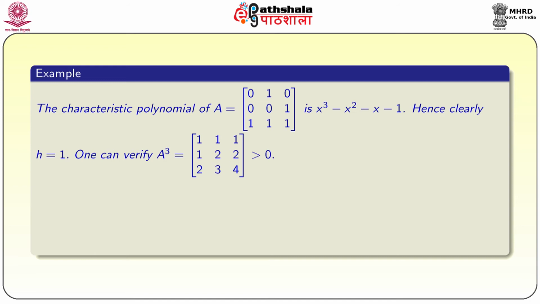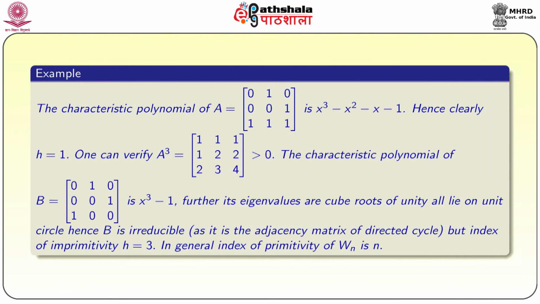Also, one can verify that A cube is equal to 1, 1, 1, 1, 2, 2 and 2, 3, 4. So, every entry here is positive, so that is a positive matrix. So, A cube is greater than 0. Also, one can see that A square is not greater than 0. Because of that, the exponent of this matrix is exactly equal to 3.